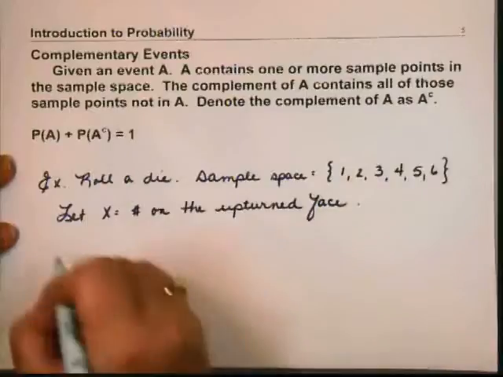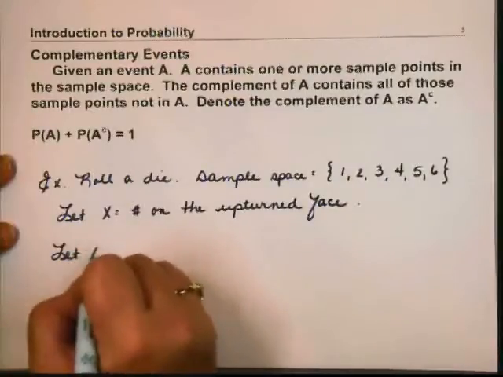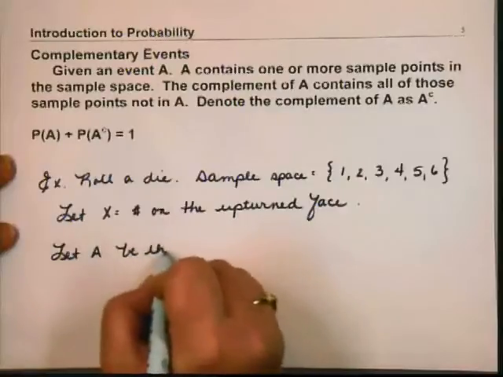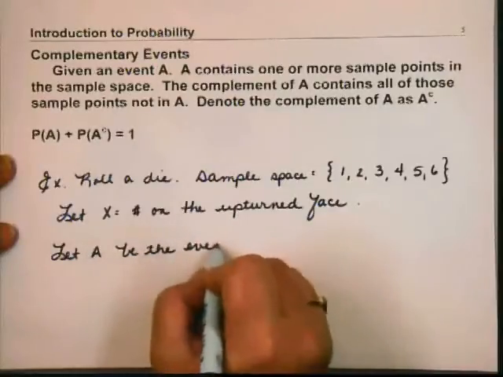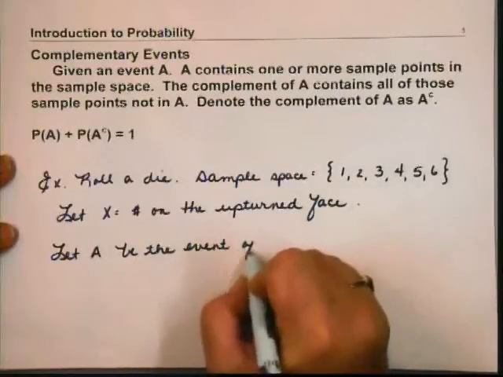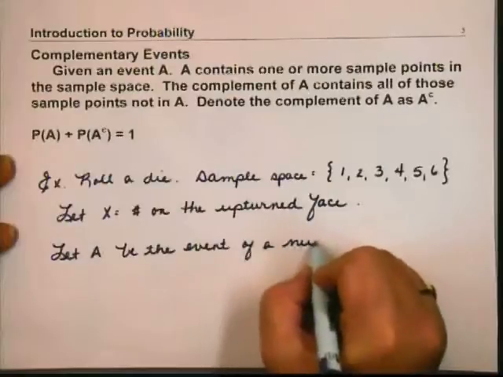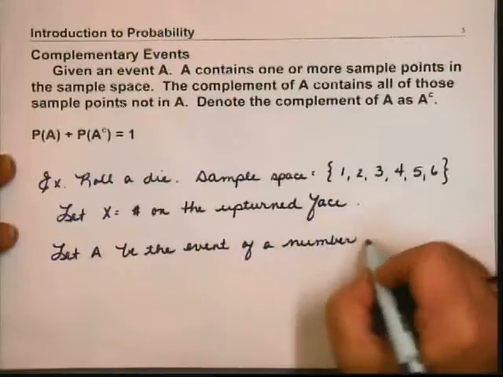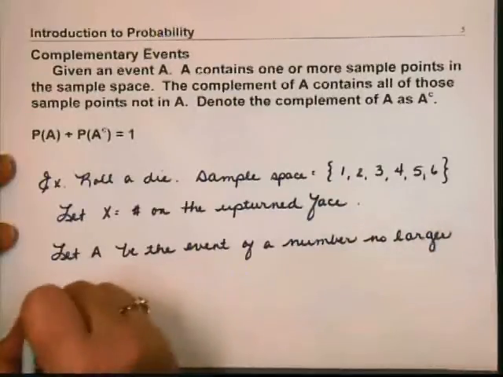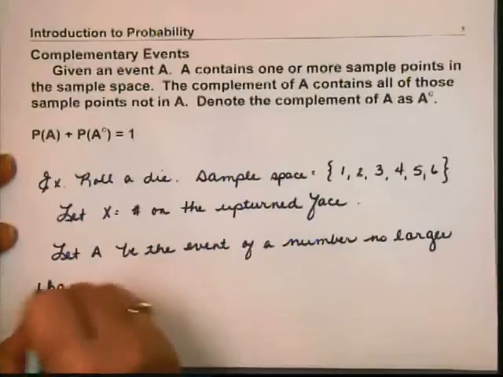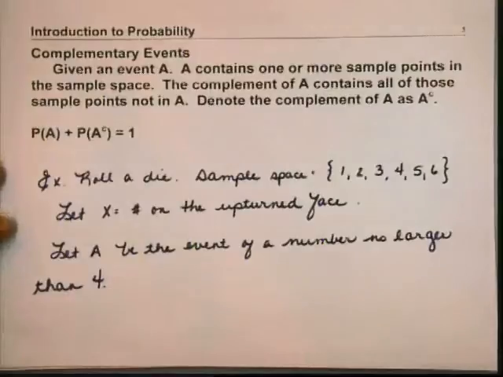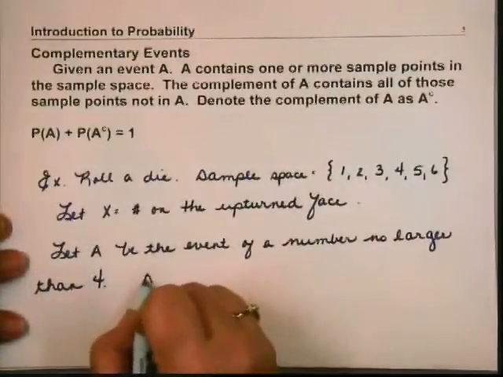Okay. Now, in terms of an event, our event A, we could have let A be the event of a number no larger than 4. All right, so in terms of the outcomes in the sample space, what does A look like?